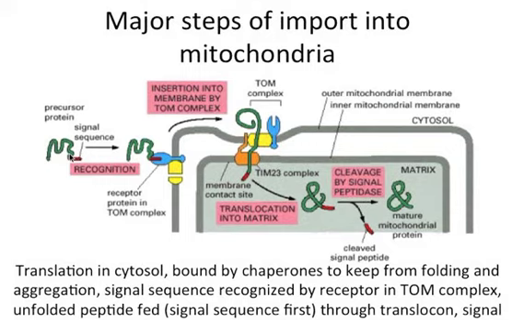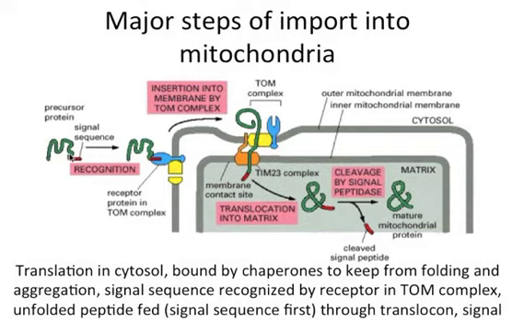You have recognition of the signal sequence, which is right next to the translocon, and then it gets inserted into the membrane, and it actually goes all the way through Tom and Tim into the matrix. And then on the inside, there's a signal peptidase that will cleave off the signal sequence, and there you have it. That's a protein that's going into the matrix.